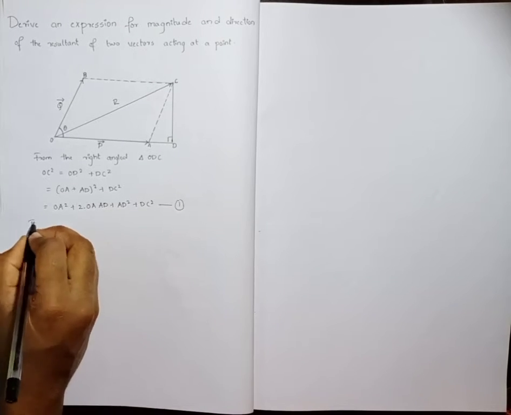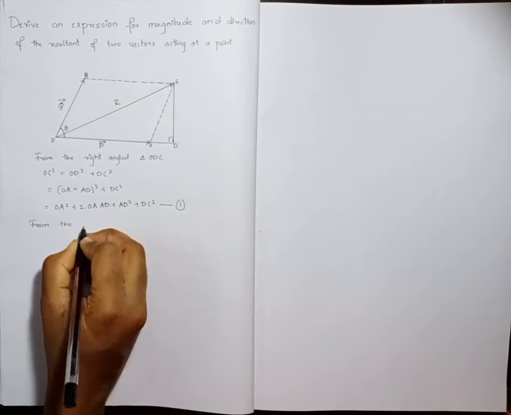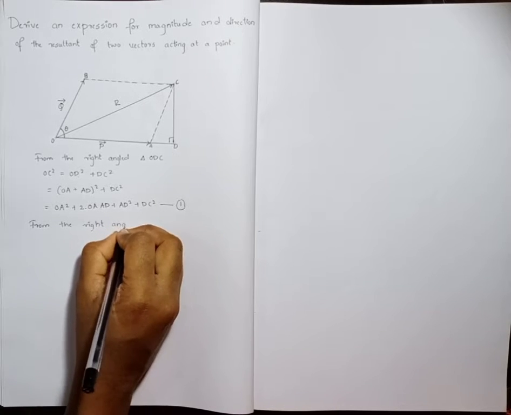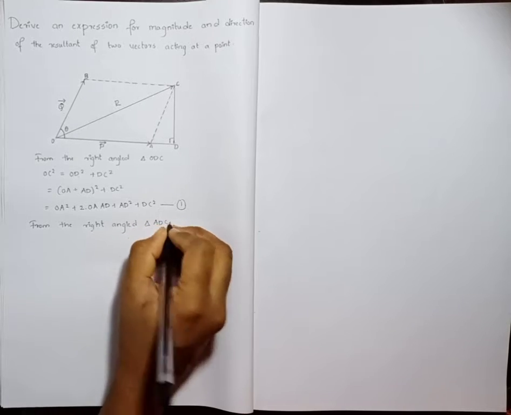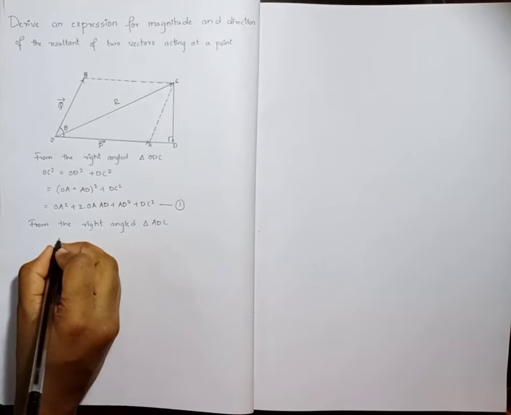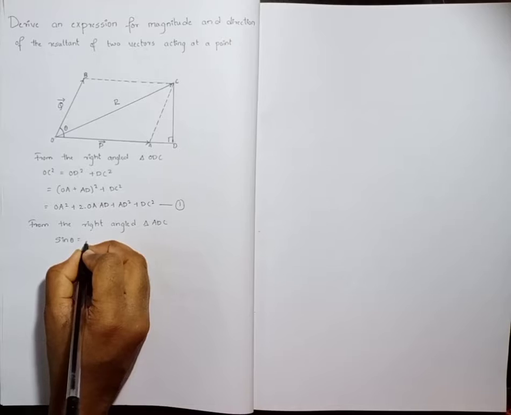Next, from the right angle triangle ADC, we'll write sine theta. What is sine theta? Opposite by hypotenuse.